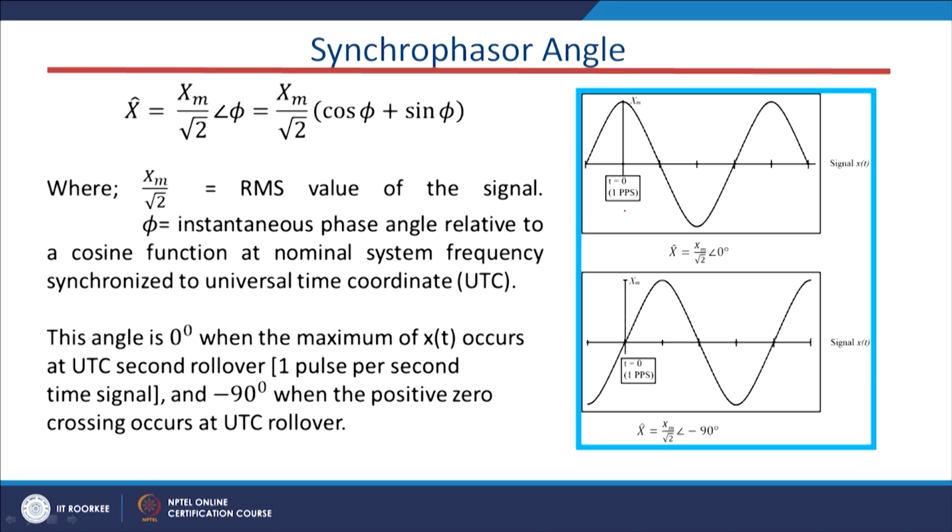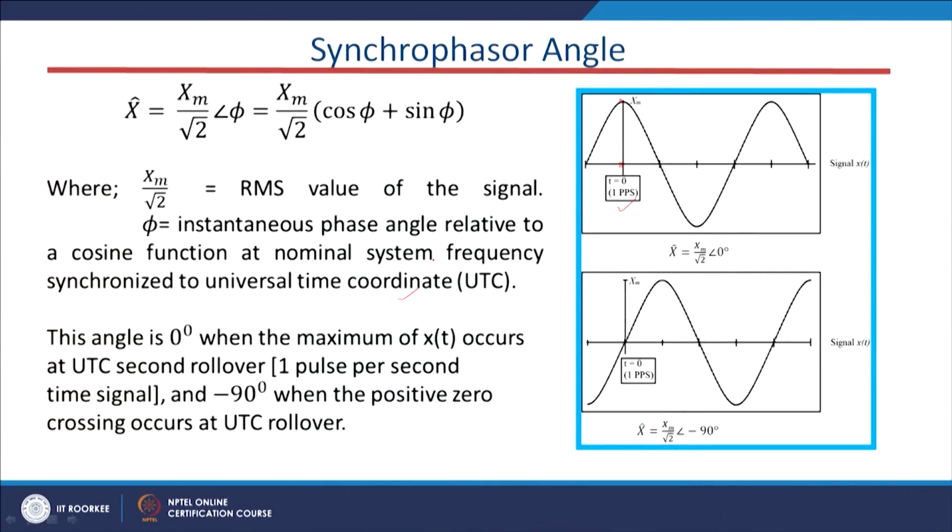This 1 pulse per second, 1 PPS, corresponds to t equal to 0 when the cosine function has its peak value. This is the definition by the IEEE standard, of how to standardize this synchronized angle. Universally this angle should be synchronized. For that we have a format, a standard: we have to take one cosine function.